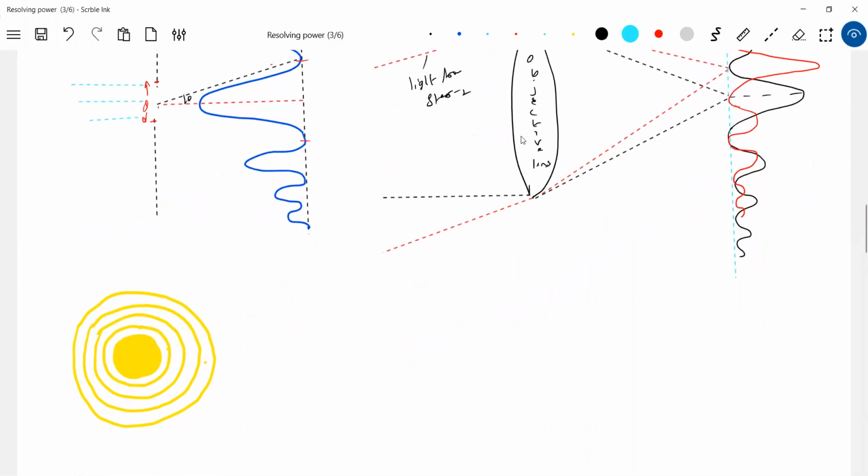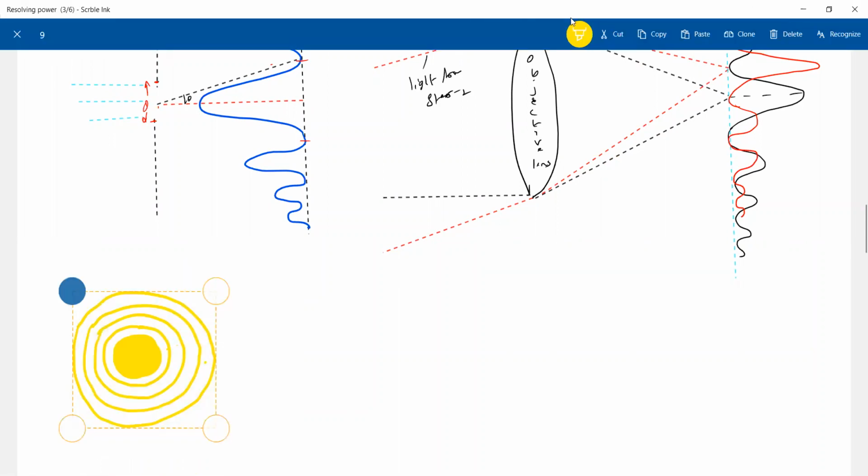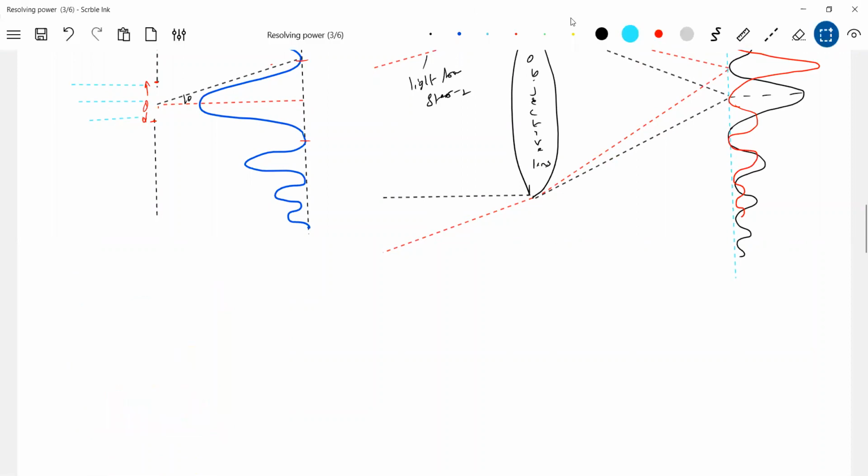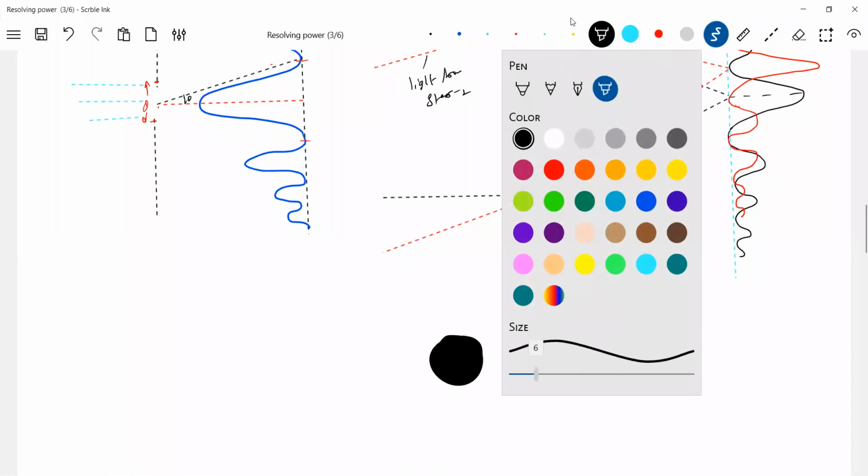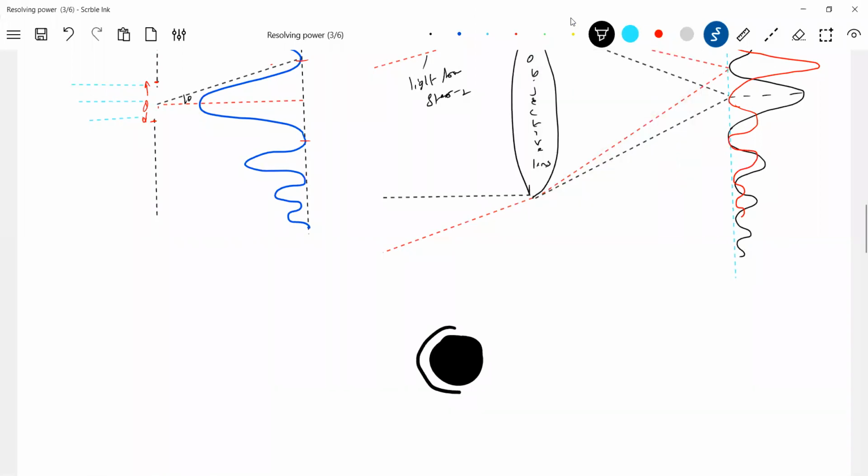Suppose you make an observation of two distant stars. I'll change the diagram and explain according to that. Black color is needed. Overlapping, I think, is not possible. Let me try.